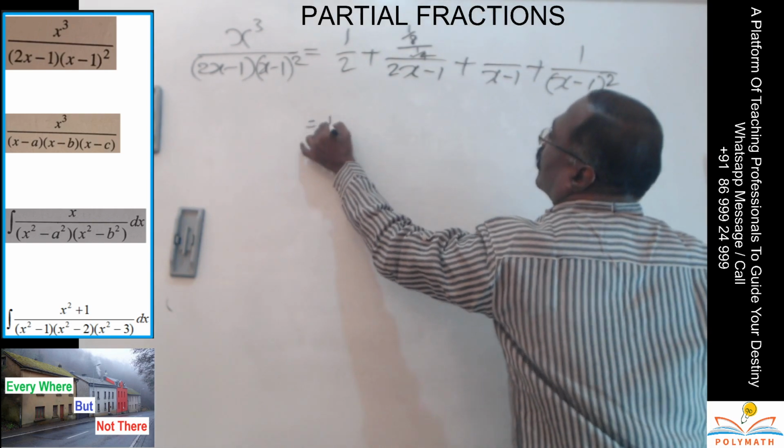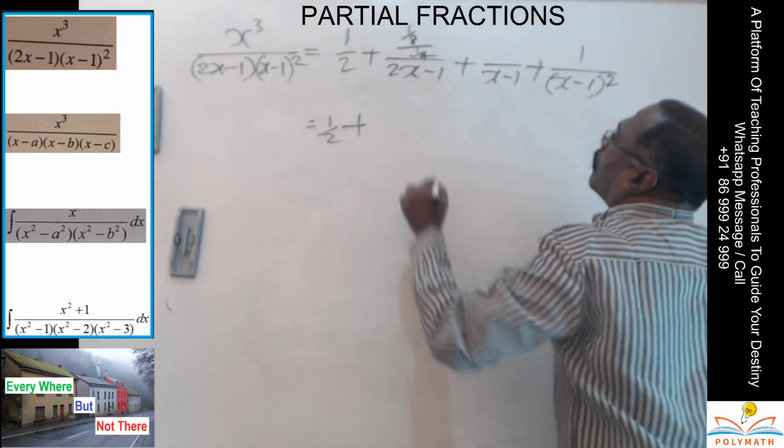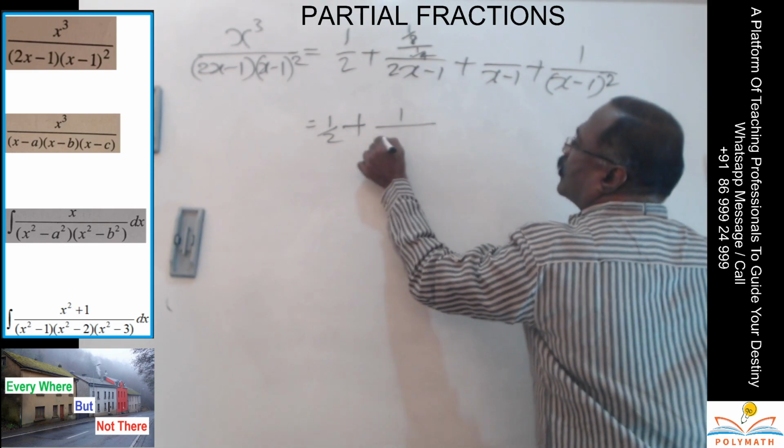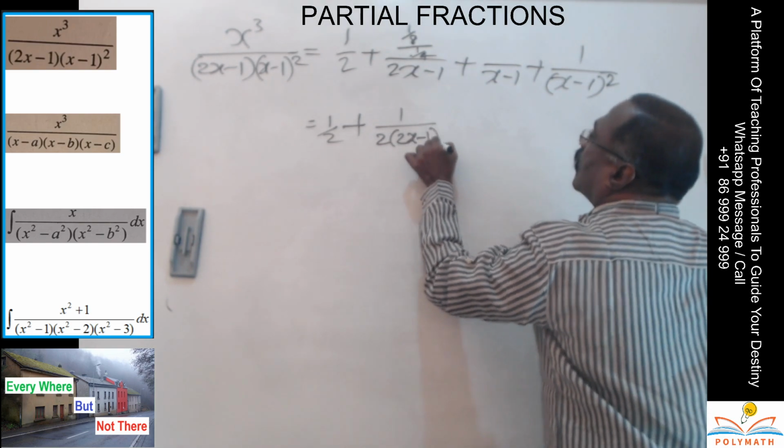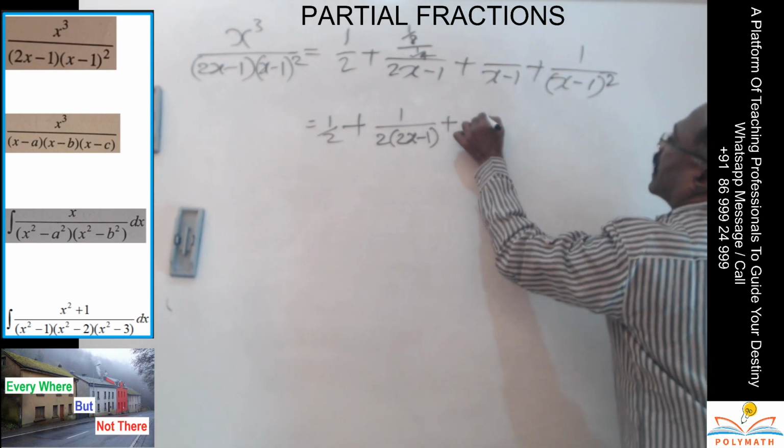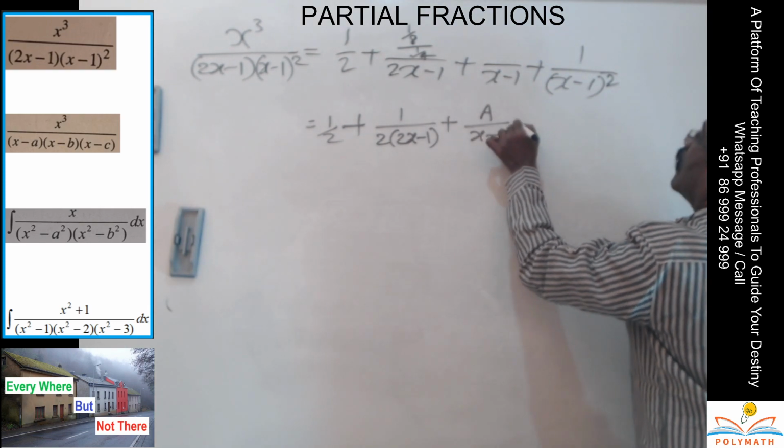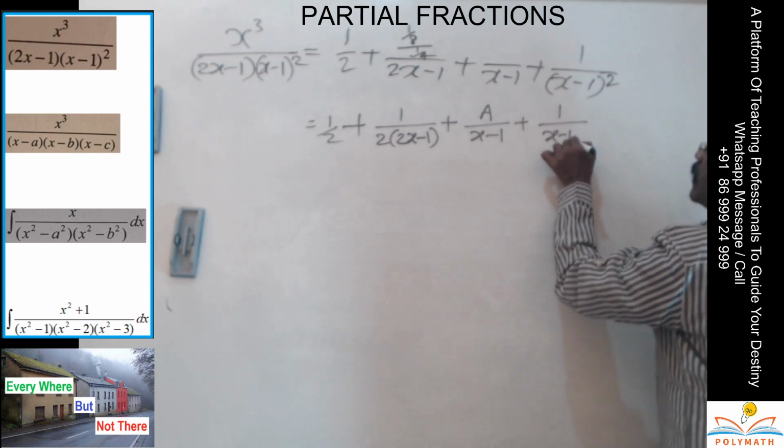So what do you get here? 1 by 2 plus 1 by (2 into (2x minus 1)) plus, we don't know this, a by (x minus 1) plus 1 by (x minus 1) whole square.